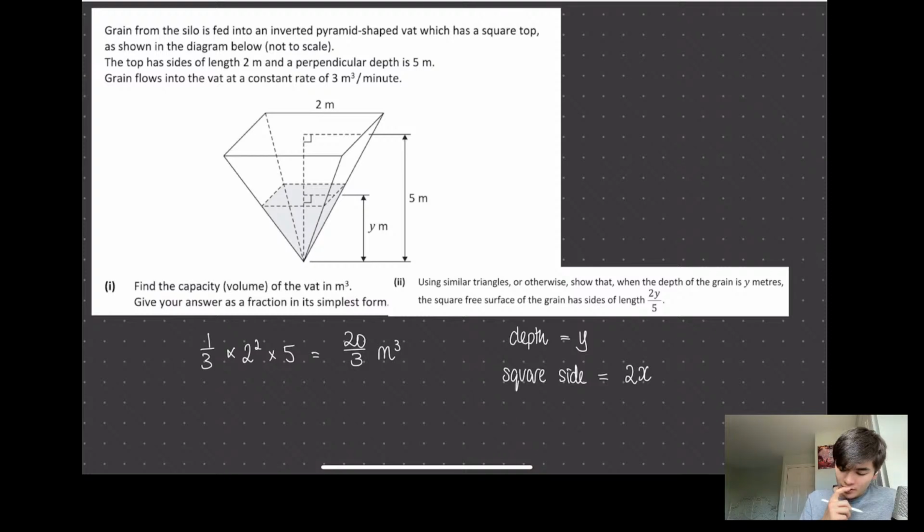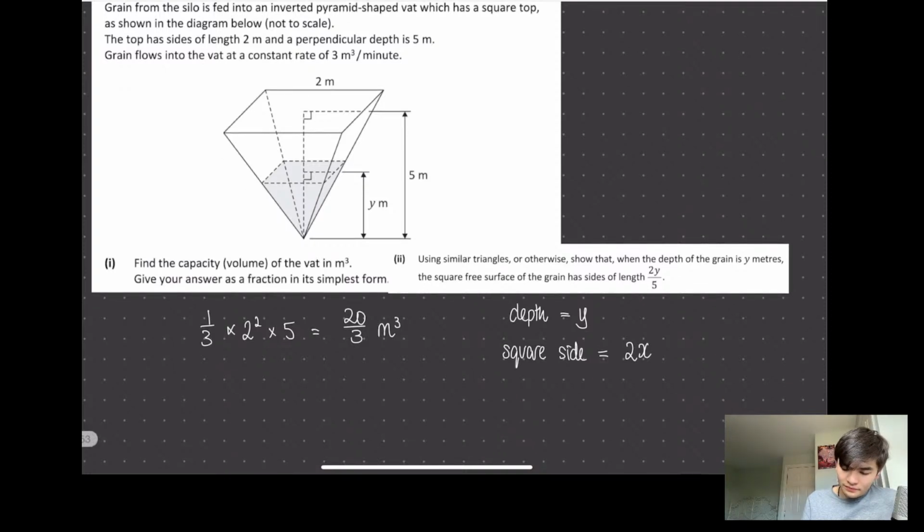So you know that using similar shapes, the scale factor between the small and the large is y to 5. So if the large is 2, then this side here is going to be 2 times something, 2 times a fraction. Maybe it's easier if we write it as a ratio like this, and that must equal x in ratio with 2.